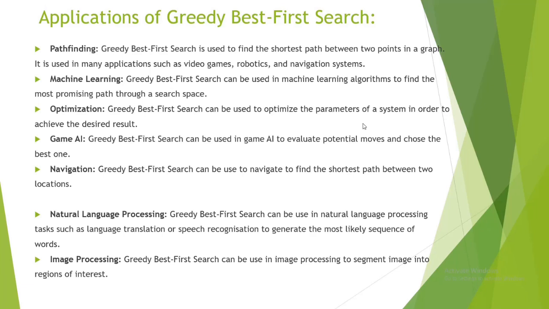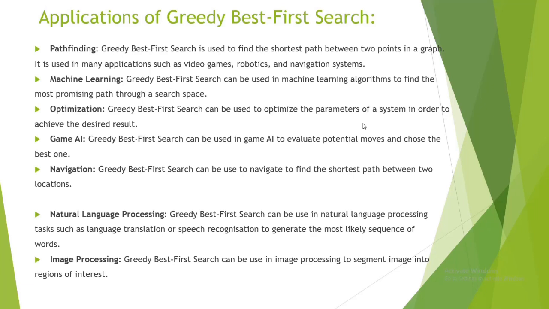Then, applications. Path finding: finding the shortest path. Machine learning: algorithms are used to search for an optimized path to the goal. Game AI: to evaluate potential moves and choose the best one. Navigation: to find the shortest path between two locations.